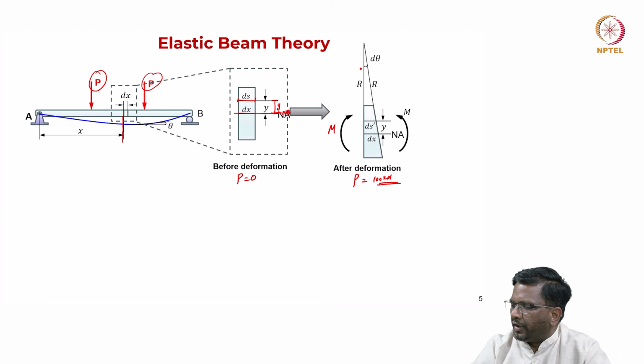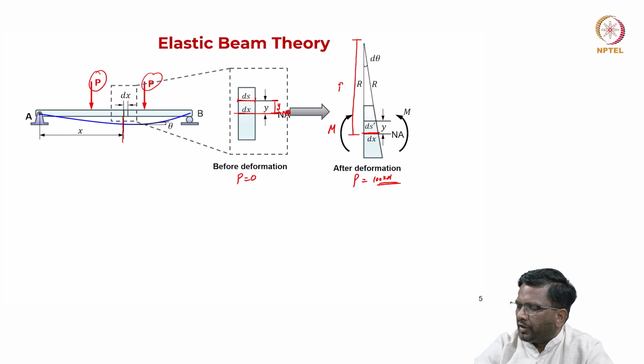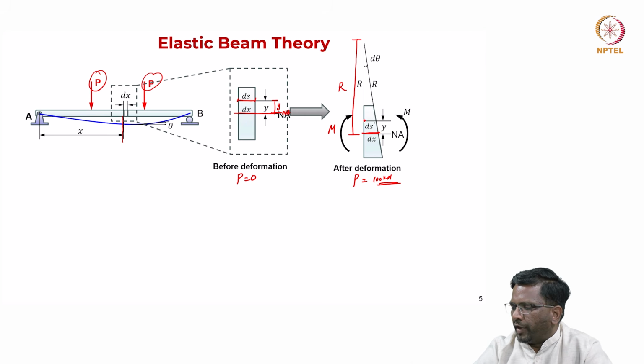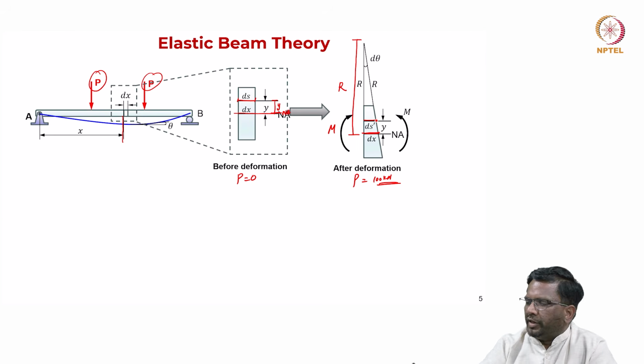So, if you look here, this distance from here to here, let me take that as r. Now this dx is the elemental length at the neutral axis, whether load is there or load is not there, dx will remain the same. However, a fiber at a distance y from the neutral axis now will become ds prime.